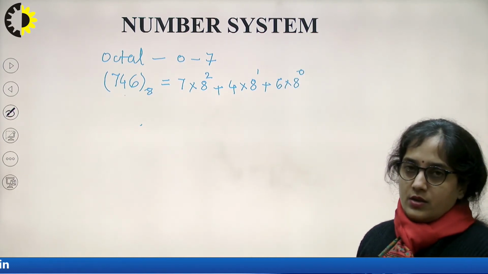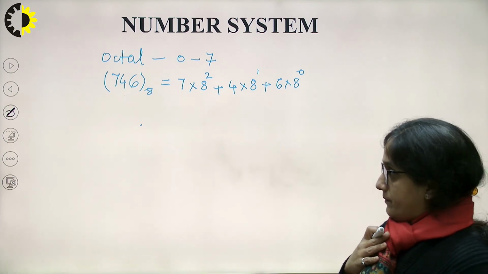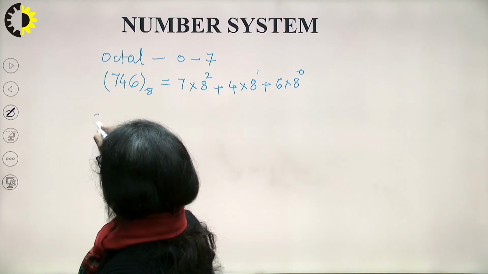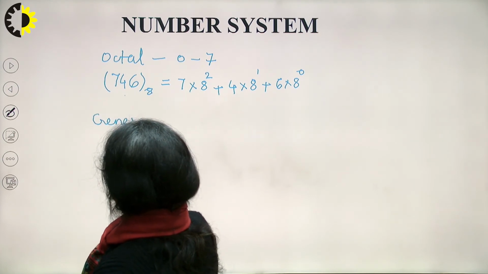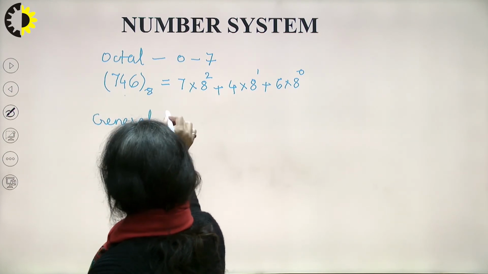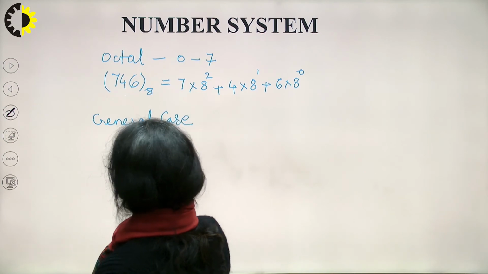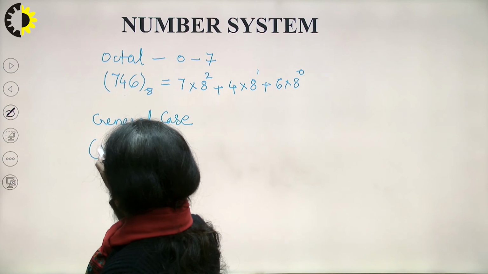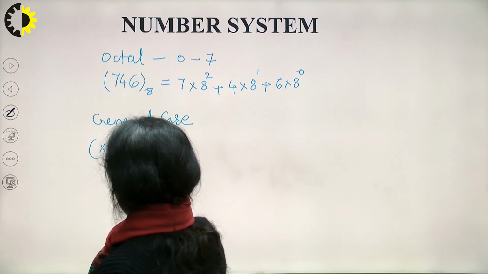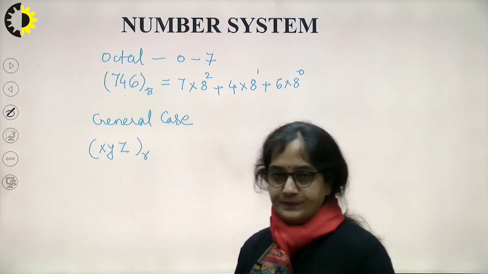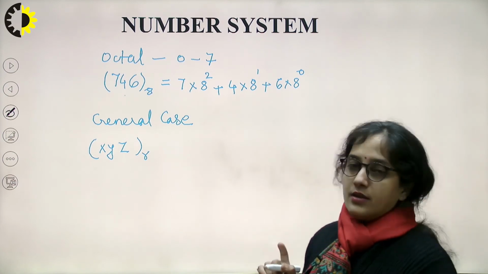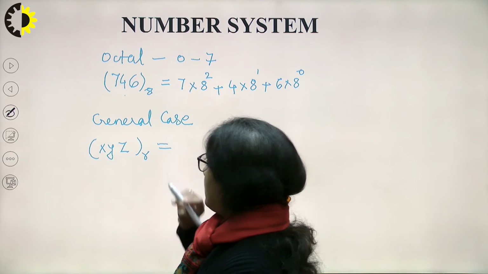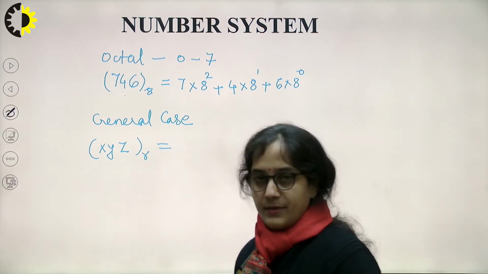Okay, so in general, with this example only I can go to the general case. Any number x, y, z is given to you with base r. Then we have to convert this number into its decimal equivalent.